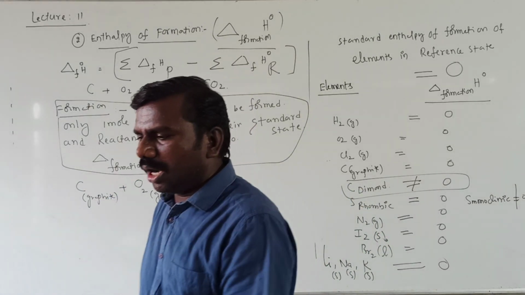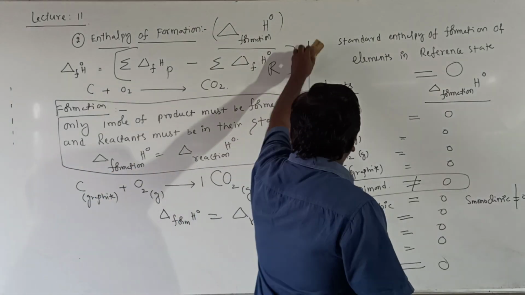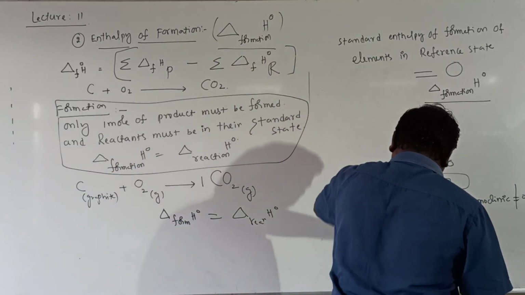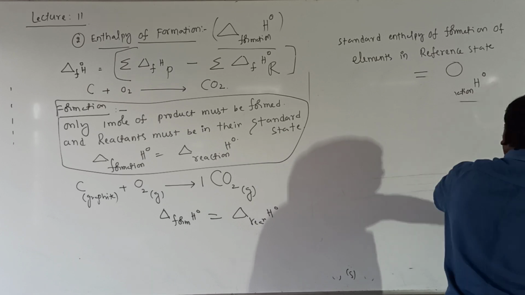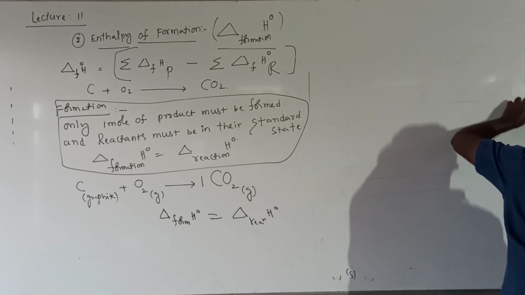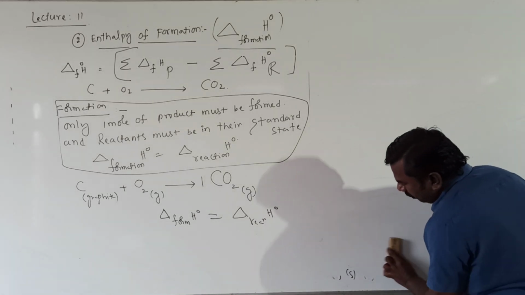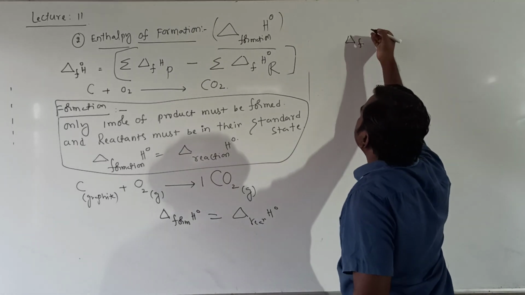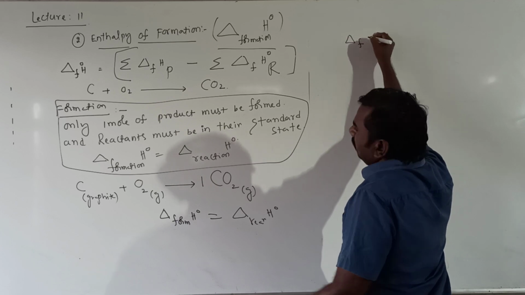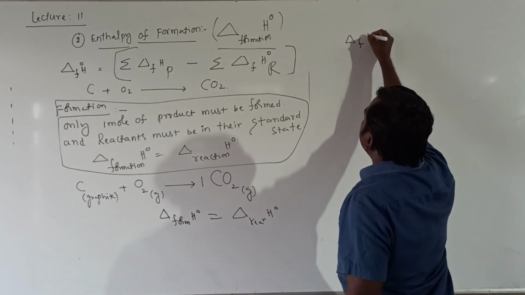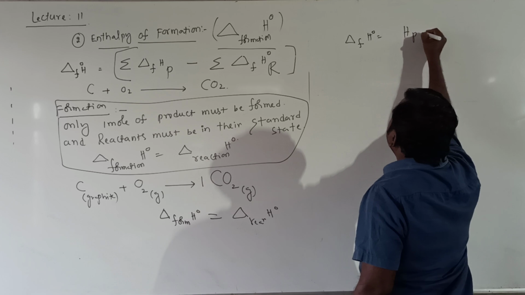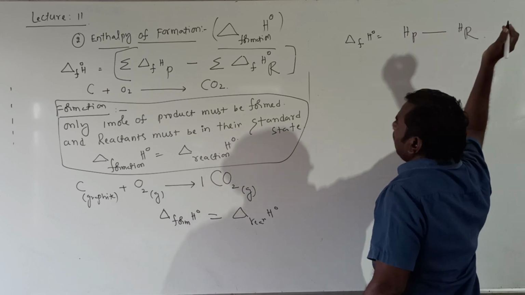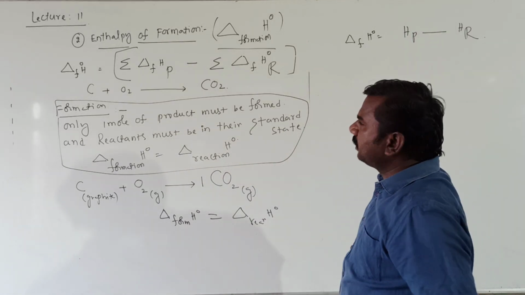For this formation, how do we write the value of the enthalpy of formation of 1 mole of CO2? The enthalpy of formation of CO2 will be enthalpies of products minus enthalpies of reactants. This is the formula for us.